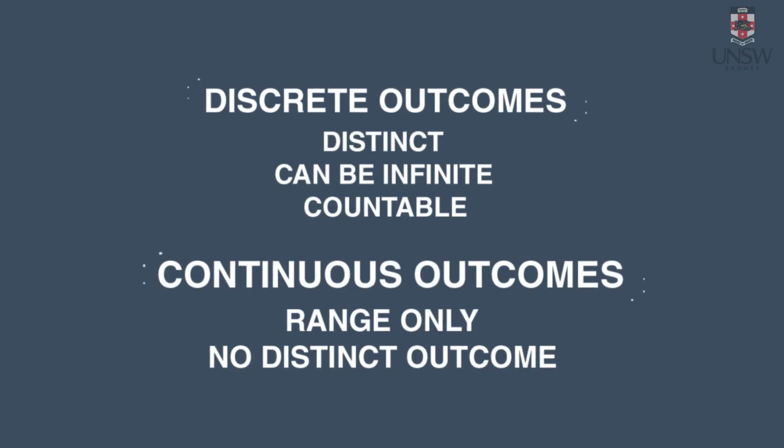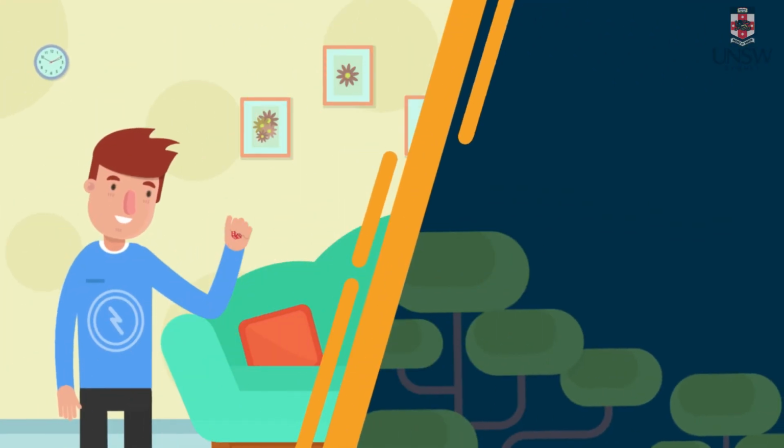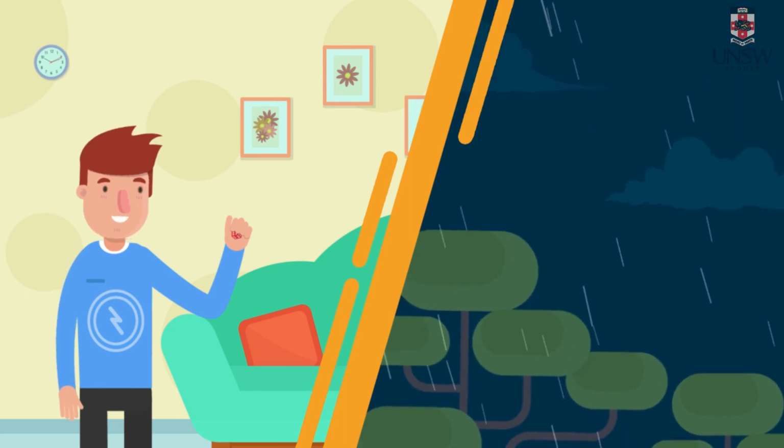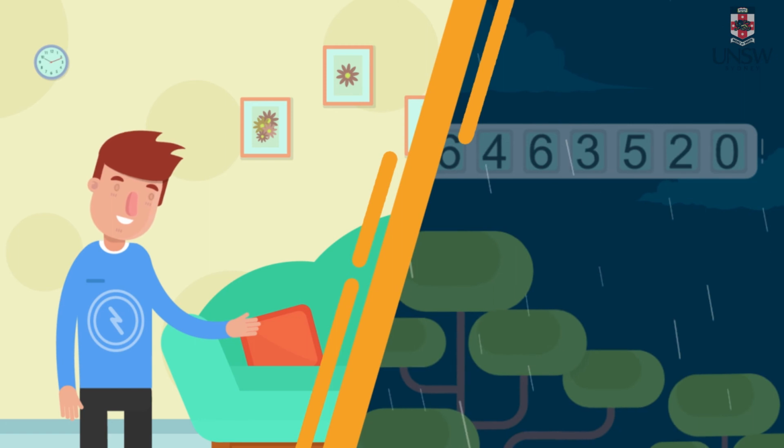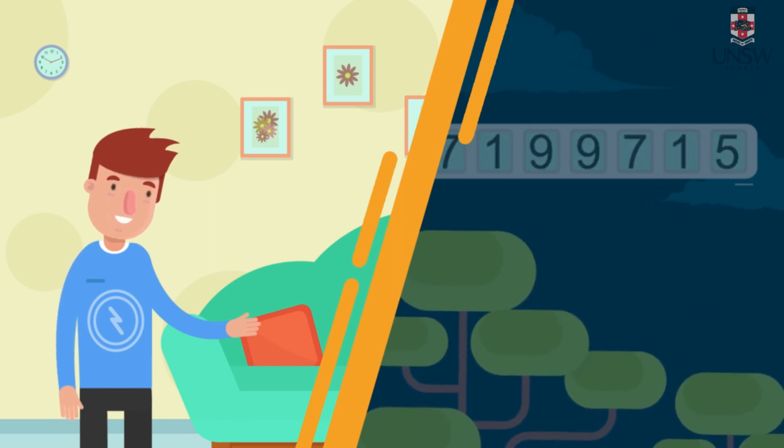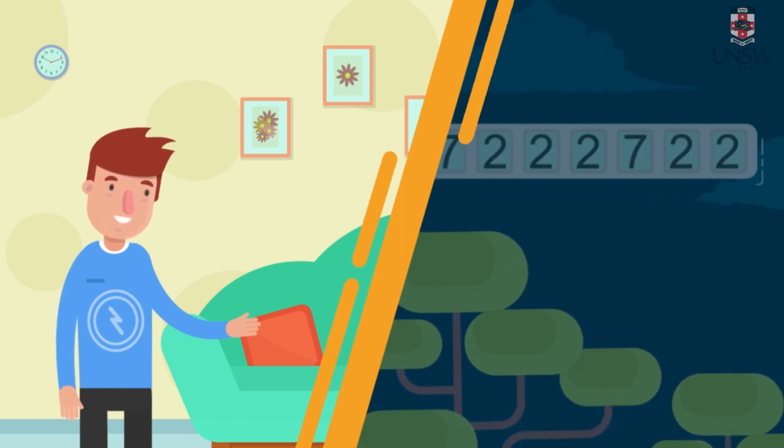To summarize, continuous outcomes are expressed as a range only, and consequently, there are no distinct outcomes, such as 1, 2, 3, 4, 5, or 6 when throwing a die. Now that the difference between discrete and continuous outcomes has been made clear, let us focus back on the distribution of probability mass between outcomes.